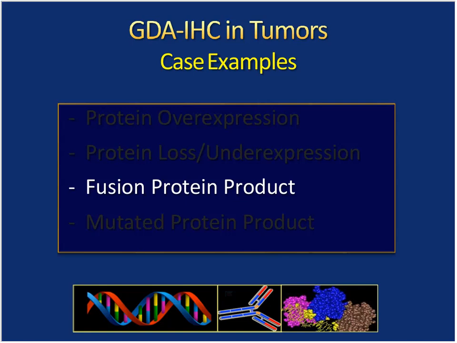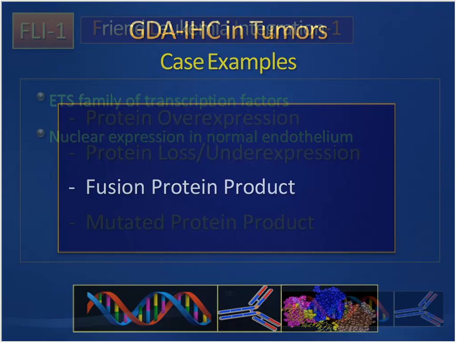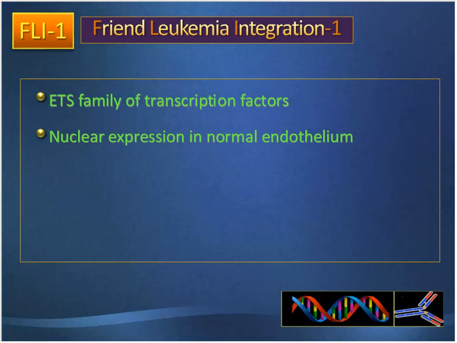Now, a case example related to abnormal protein products, such as the fusion proteins. These are a large group of markers. We're going to start with FLI1, which is Friend leukemia integration 1.